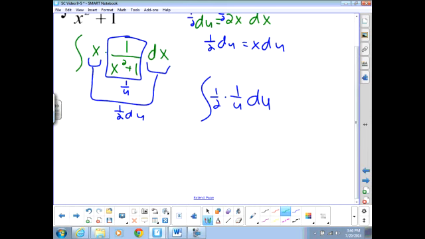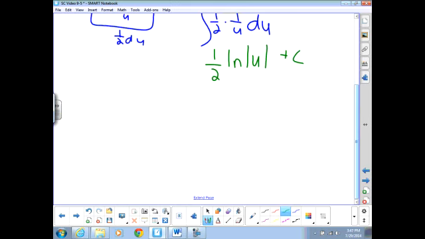When we take natural log, we have to remember to do our absolute value. So we'll have 1/2 natural log of the absolute value of u plus c. Now we'll replace u with what it was equal to, x squared plus 1. So we'll have 1/2 natural log absolute value of x squared plus 1 plus c.